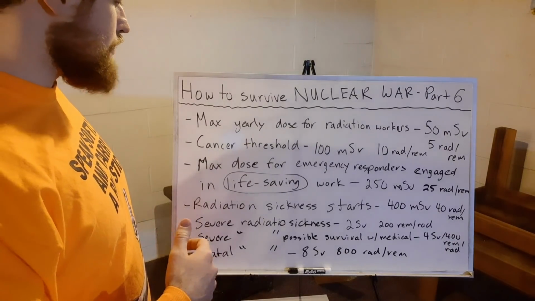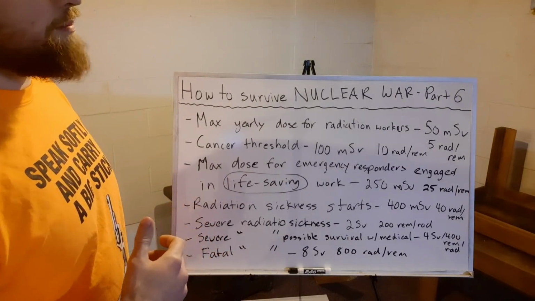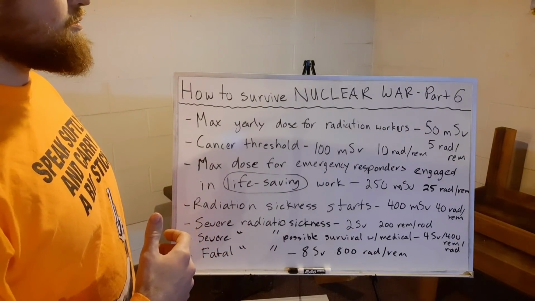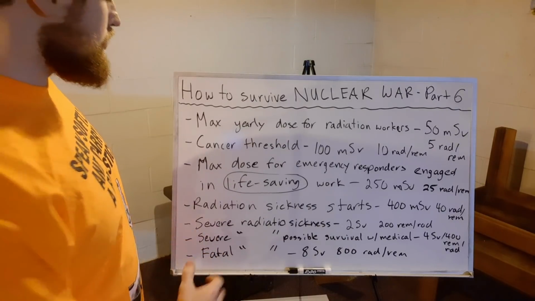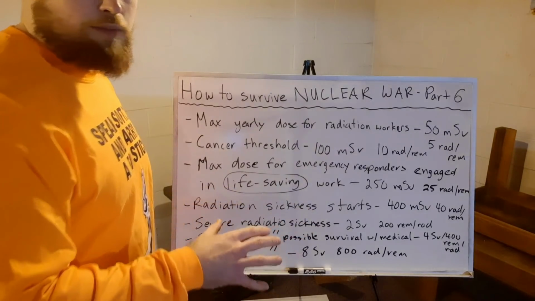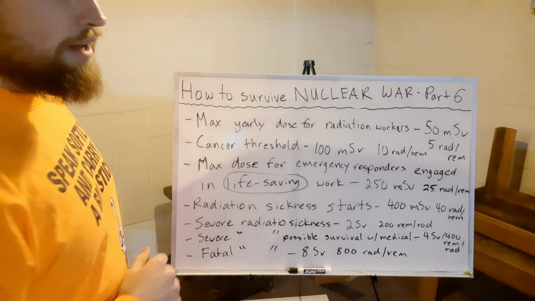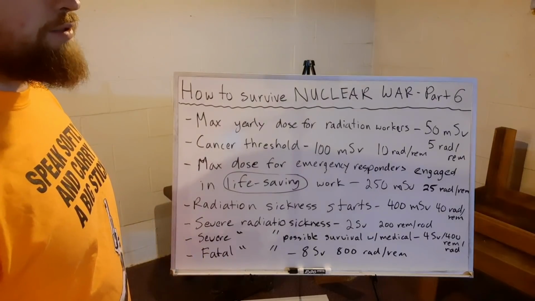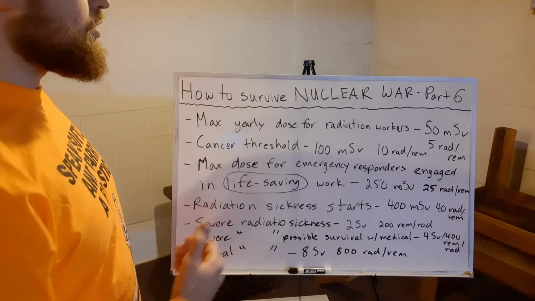And I'm going to talk more in depth about the biological effects that radiation has on the human body. But you really don't want to get any radiation sickness, especially if we're talking about nuclear war, because you're not going to have the same healthcare infrastructure after a nuclear attack as you do before a nuclear attack.